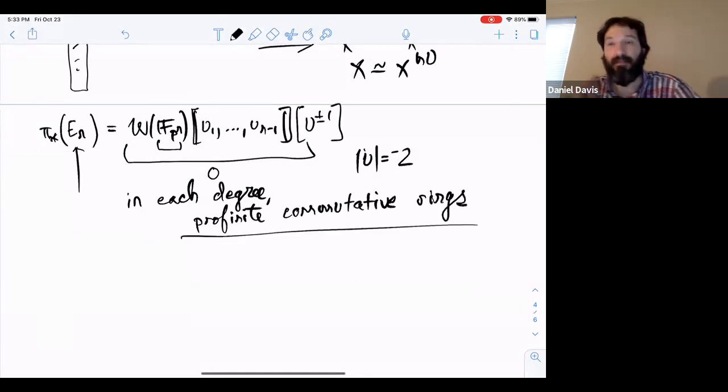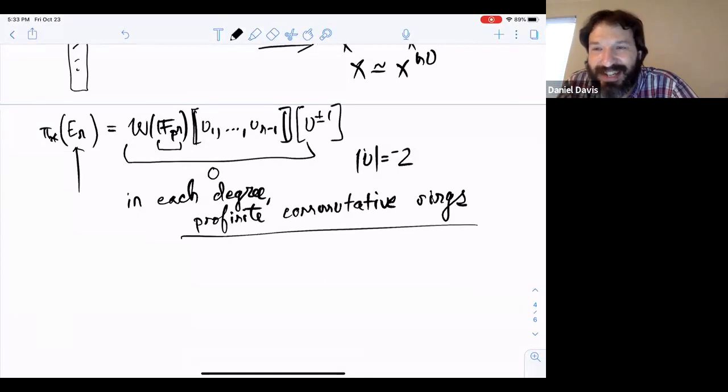So this topology arises in a natural way, and it's not just an abelian group, it turns out it's a commutative ring, and these commutative rings are profinite. So they are inverse limits of finite discrete rings.